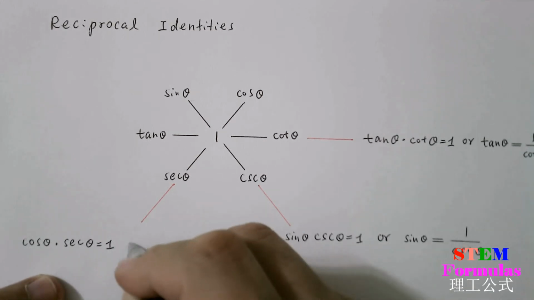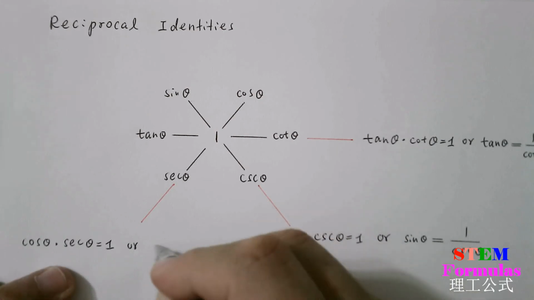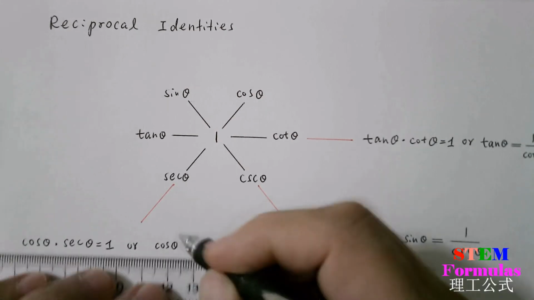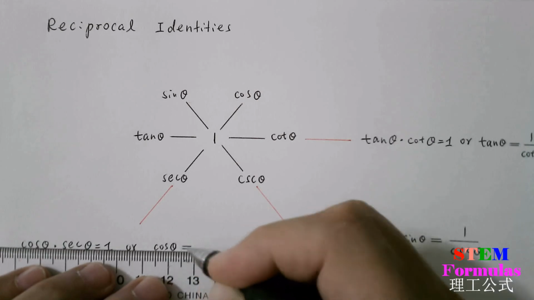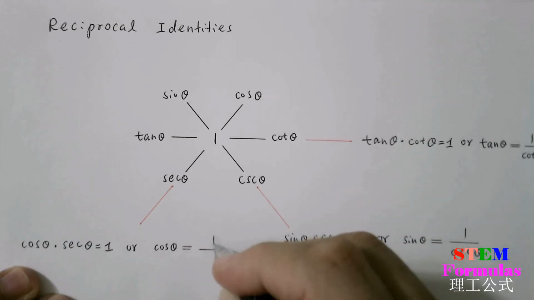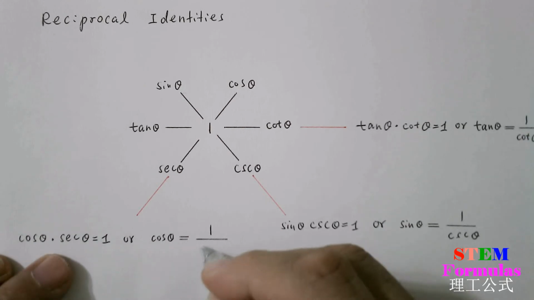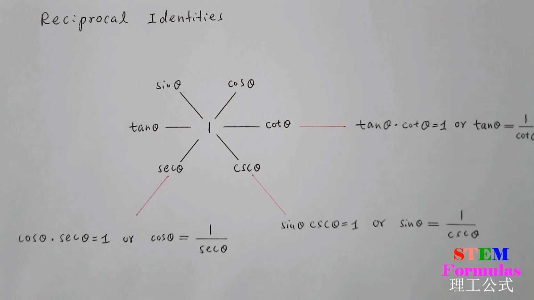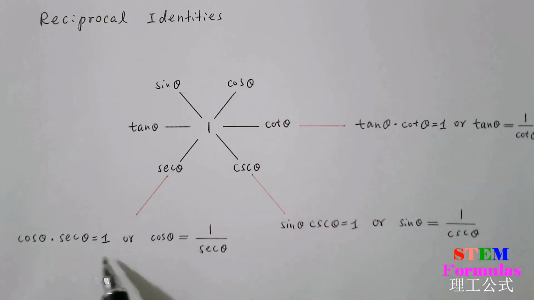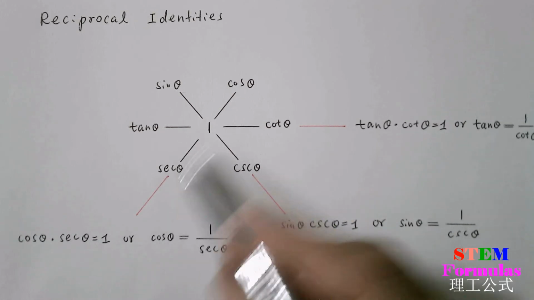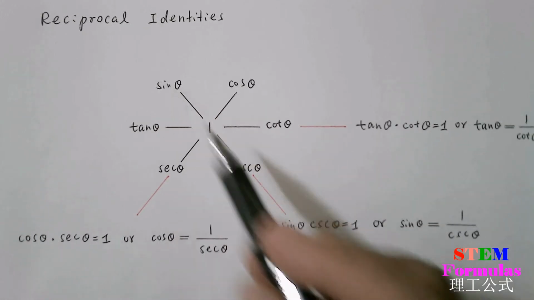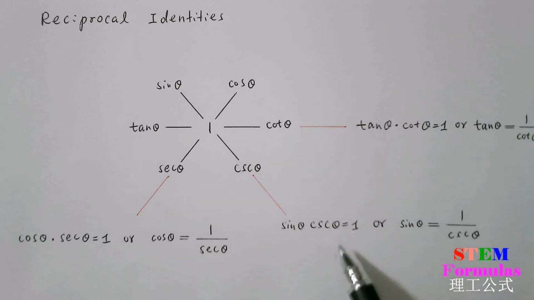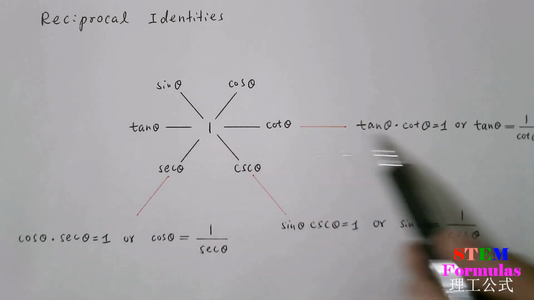Or we can write cosine theta equal 1 divided by secant theta. So along each diagonal line, this function times this function equal 1.